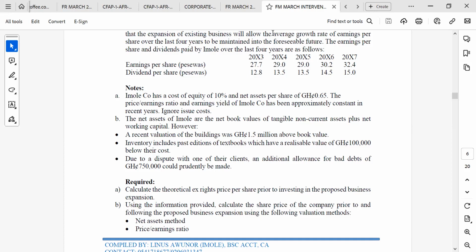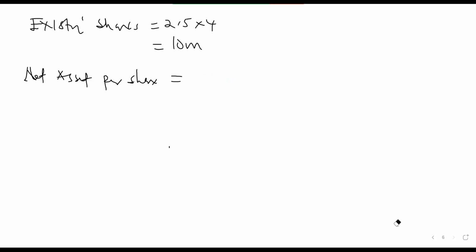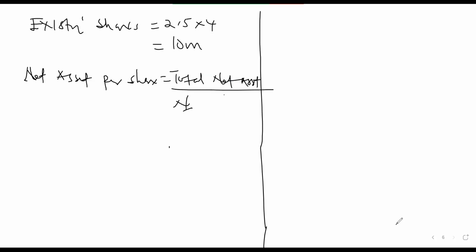So the net asset per share is calculated as total net assets divided by the number of shares.